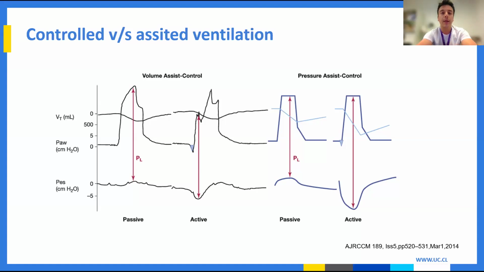What are the values that we are thinking about as injurious? Well, we actually don't know, but some literature and some observations are saying that probably keeping transpulmonary pressure less than 20 would be a safe cutoff to avoid potential lung injury.